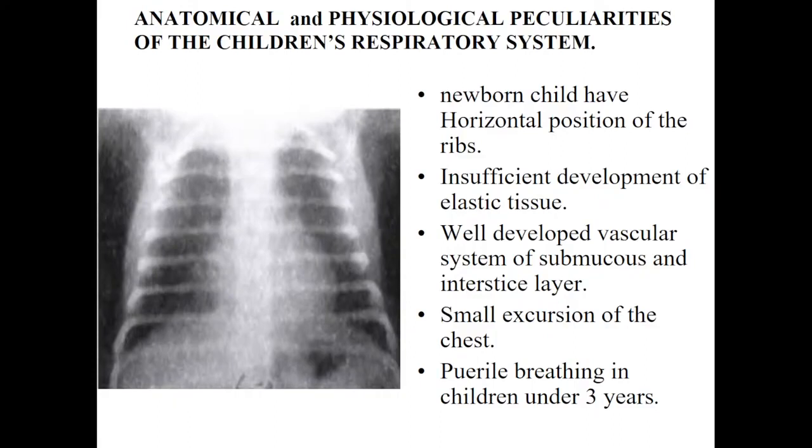A newborn child has horizontal position of the ribs, insufficient development of elastic tissue, well-developed vascular system of soft mucosa and the interstitial layer, and small excursion of the chest.